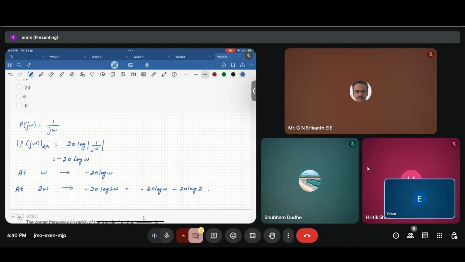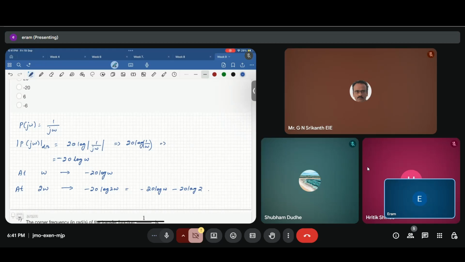Ma'am, how does this plus 20 become minus 20? So this is 20 log 1 by j omega, and the magnitude is just omega only. So this is equal to 20 log 1 by omega. The magnitude of 1 by j omega is nothing but 1 by omega.